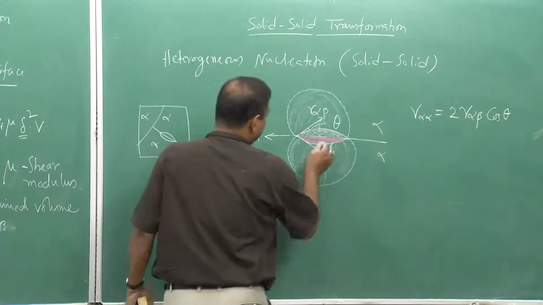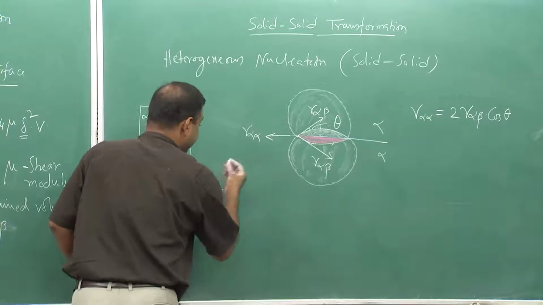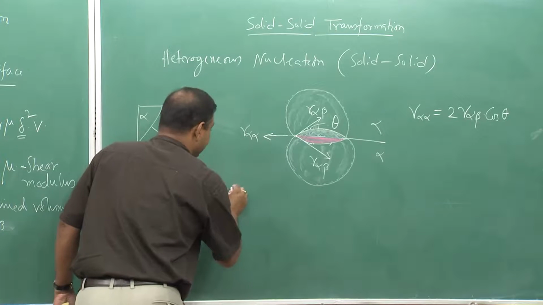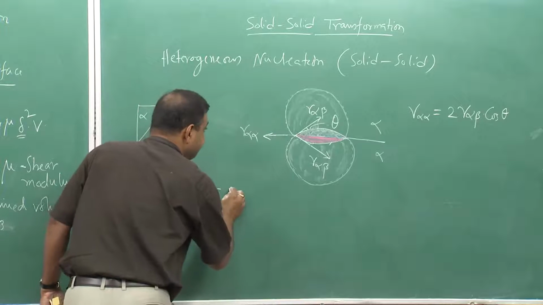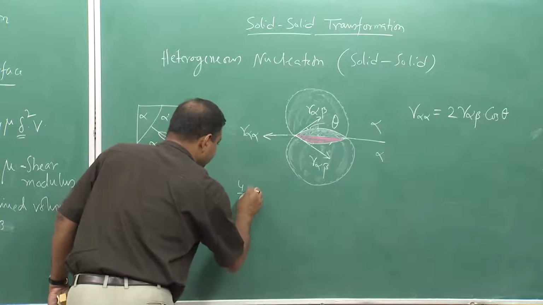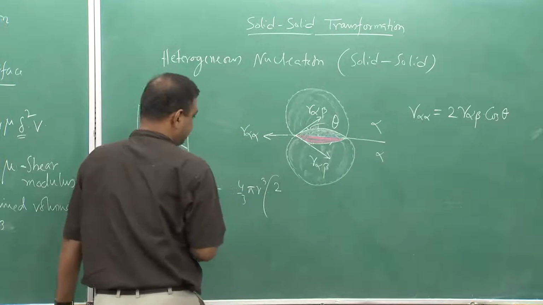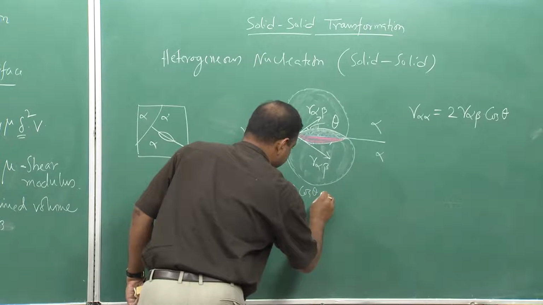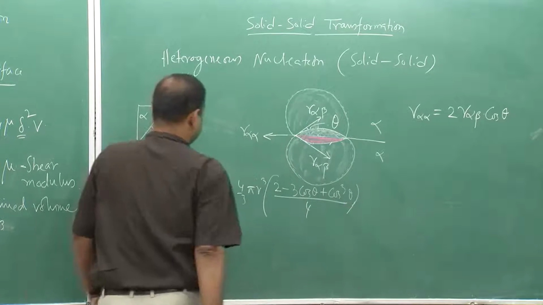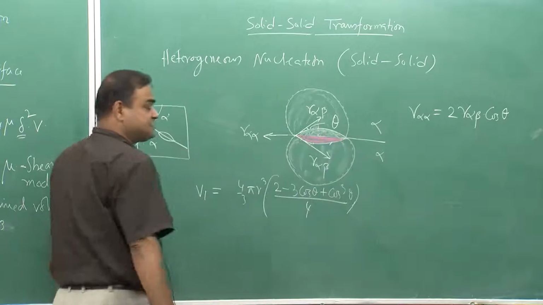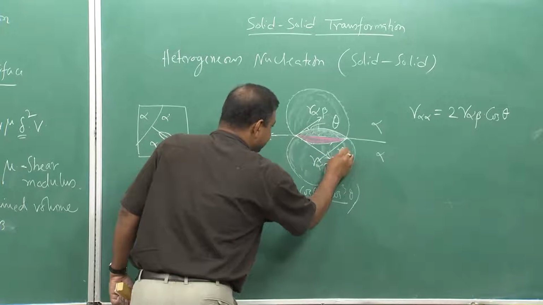So, this volume and this volume would be similar, because both have the same radius.